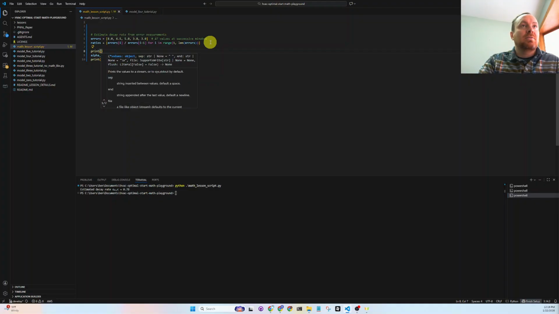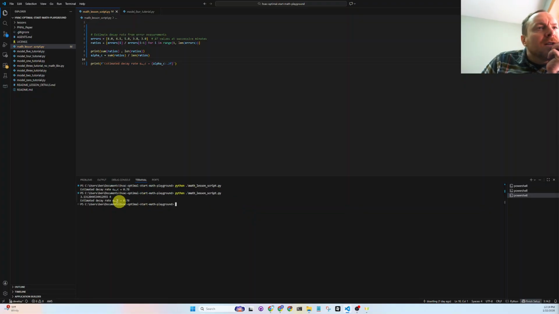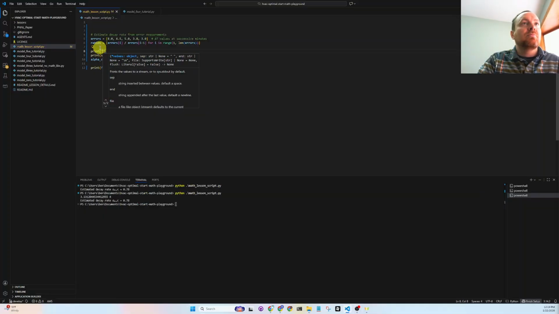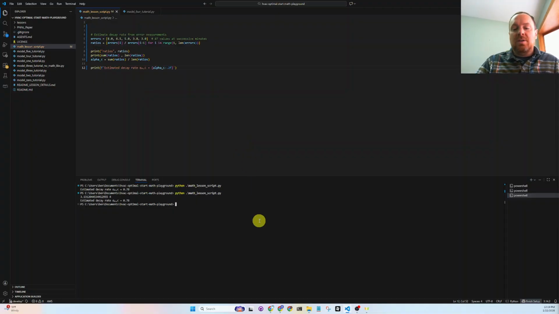Could even just do this instead of the division, just to see what these numbers look like. So the sum of the ratios, maybe we should even print ratios.